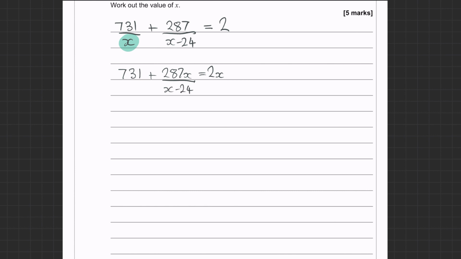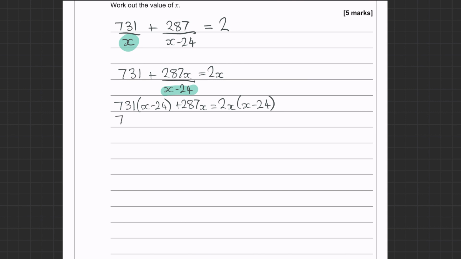Then we're going to multiply everything by x minus 24 now. That will leave us with 731 lots of x minus 24 plus 287x equals 2x lots of x minus 24. This one's a bit of a hefty question, as you can tell.